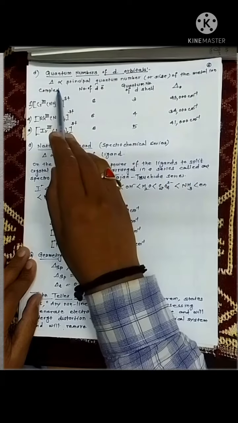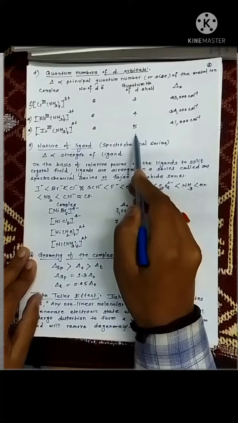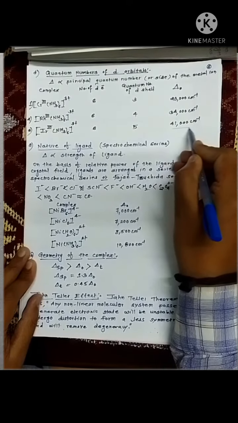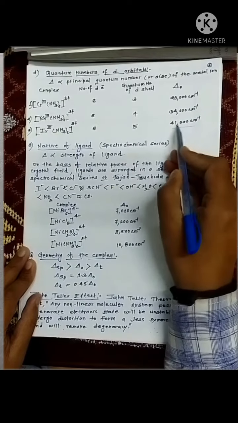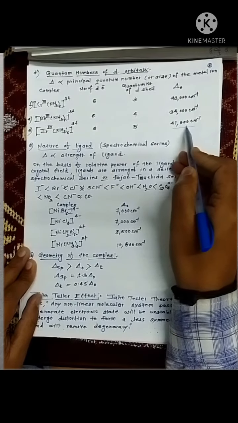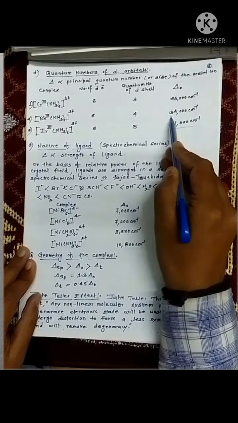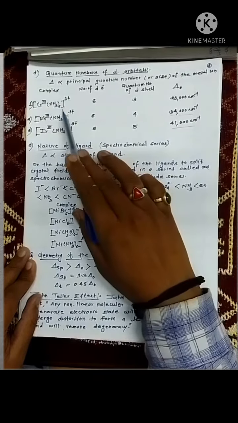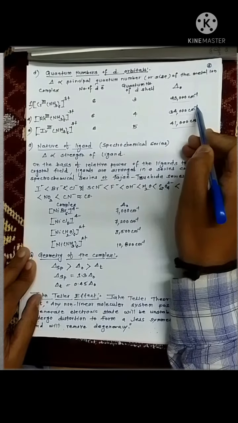And from this point we directly say that iridium has highest CFSE value, and for hexaammine iridium 3 plus, the CFSE is 41,000 centimeter inverse. For rhodium it is 34,000 centimeter inverse, and for chromium it is 23,000 centimeter inverse.